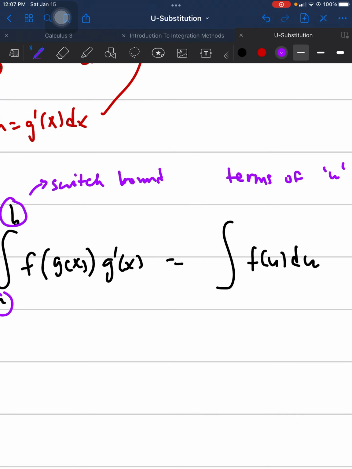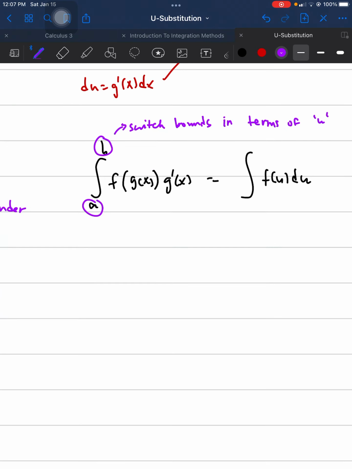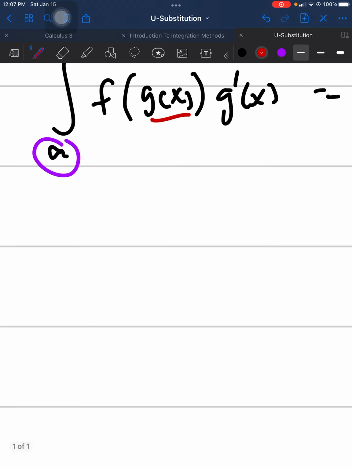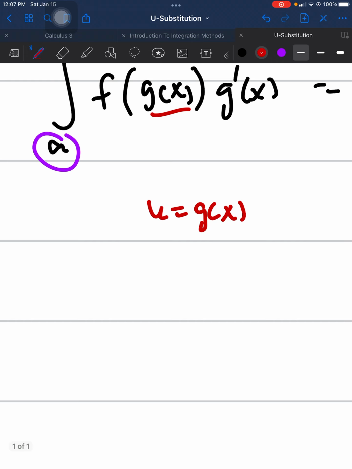When I say in terms of u, I'm basically saying to evaluate the bounds with whatever you substitute for u. So we're going to be substituting u for g of x, right? We know that u is equal to g of x. We want to evaluate each of these bounds.